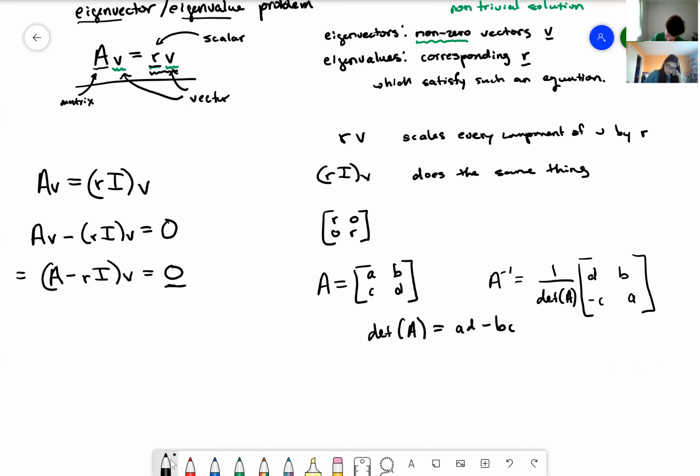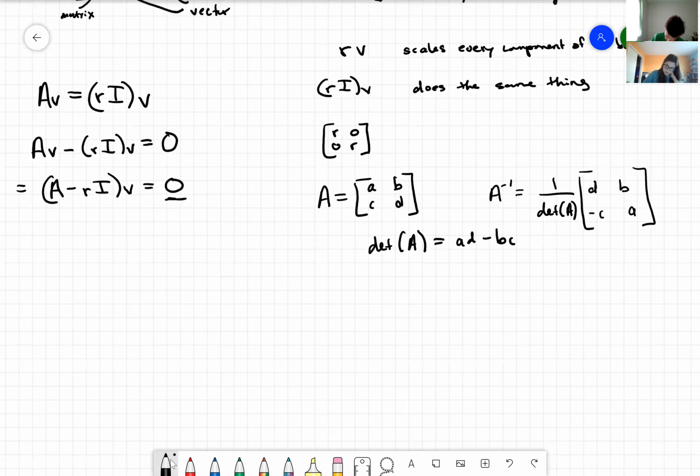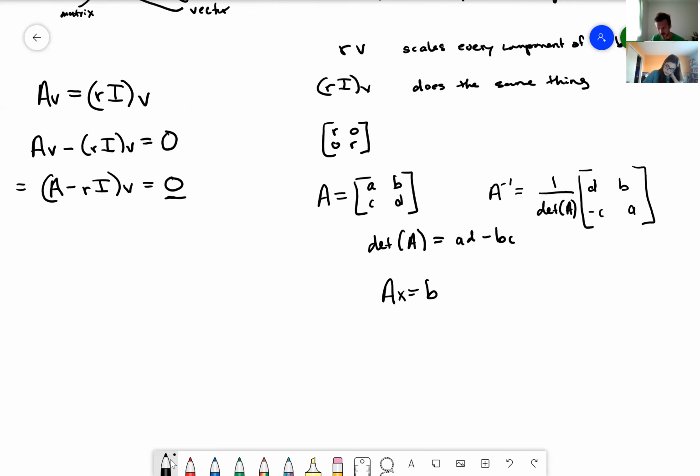Now, if we have an equation AX equals B, then we could solve it by multiplying both sides by the inverse, like this. This became IX, which is just X. And this side was just A inverse B. So solving this matrix vector equation would simply involve computing what the inverse was and then multiplying it by the other side.